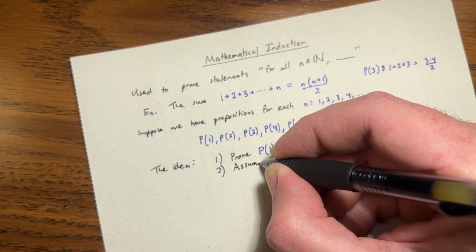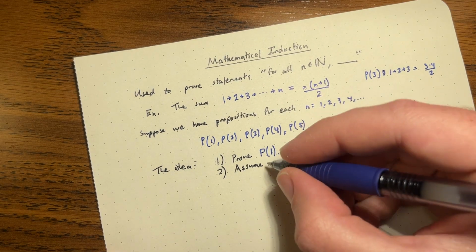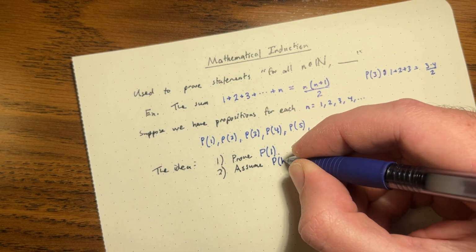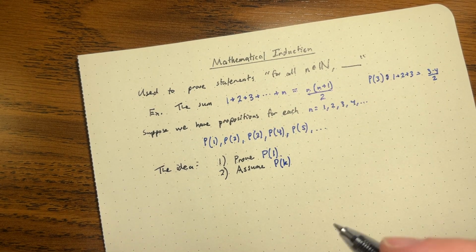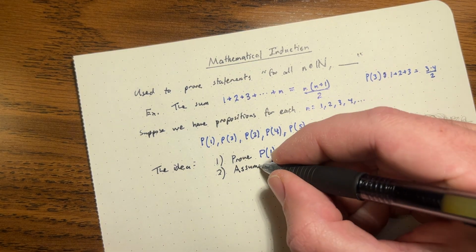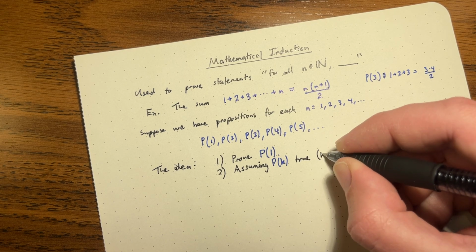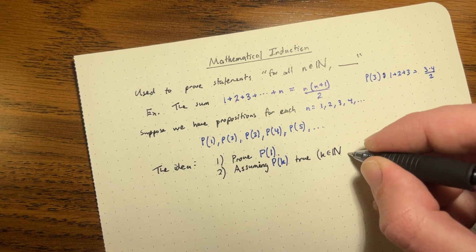The second step is that you assume that Pk is true for some k. So assuming Pk is true, where k is arbitrary, just any natural number.